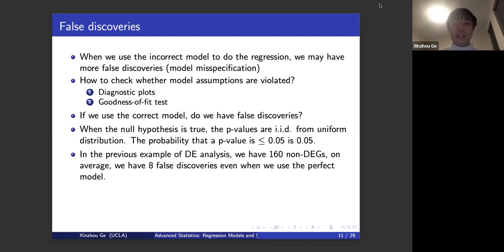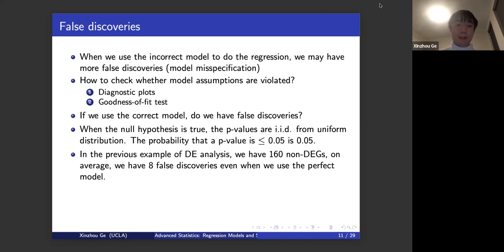Even if we use the correct model, for example, the negative binomial model for negative binomial data, we still have false discoveries. When the null hypothesis is true, we know that the p-values are independently and identically distributed from a uniform distribution, and the probability that the p-value is less than or equal to 0.05 is 0.05.